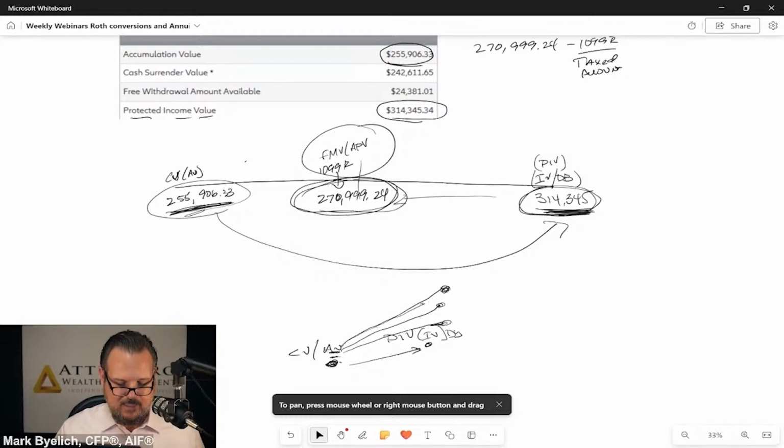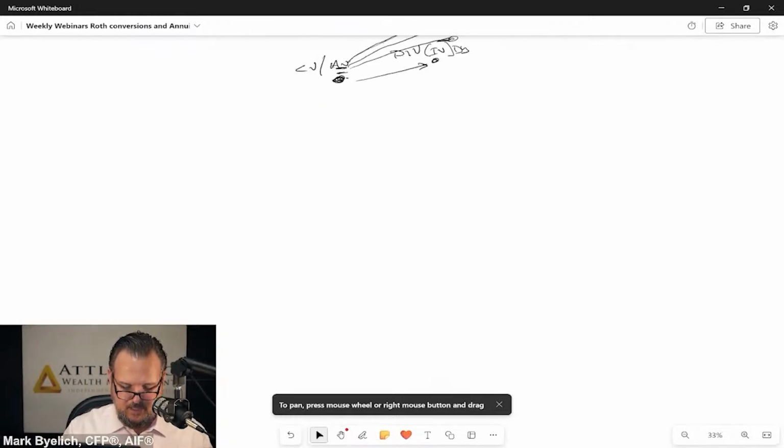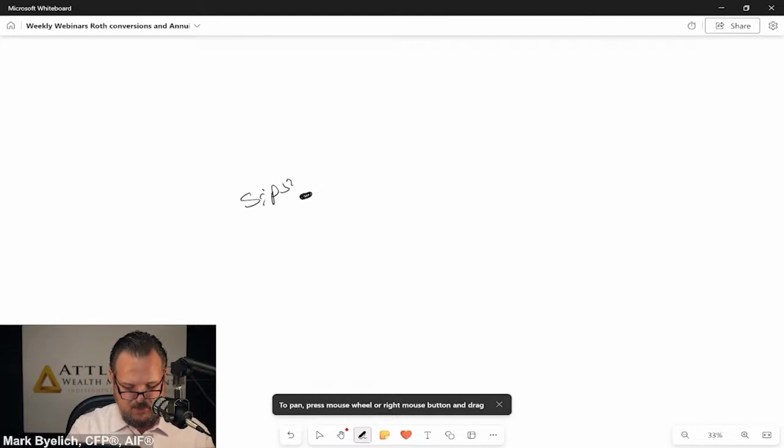Now, the caveat to that is that, remember, most annuities, certainly the annuities that we deal with, are principal protected. So if the annuity is invested in the S&P 500, or it follows the movement of the S&P 500, let me say, and you've got your $500,000 sitting here, and the S&P 500 ends up being down 20%, the worst that your principal protected annuity is going to do is 0% growth, right?